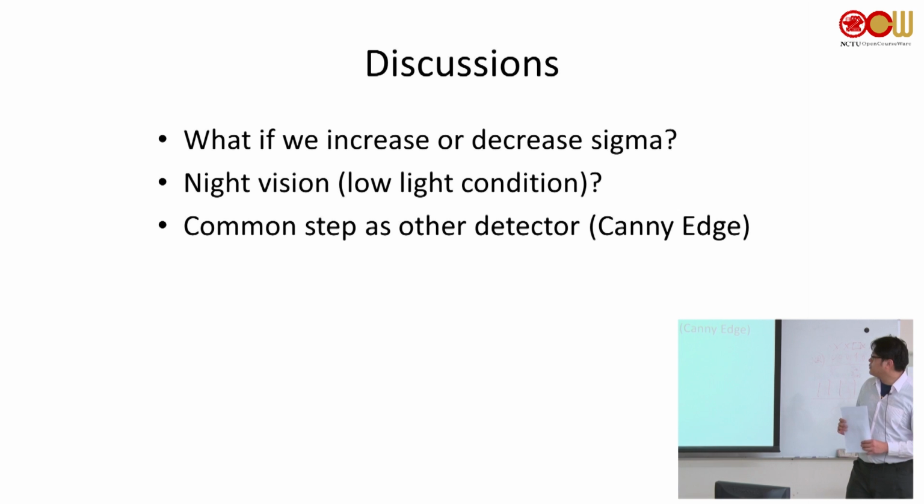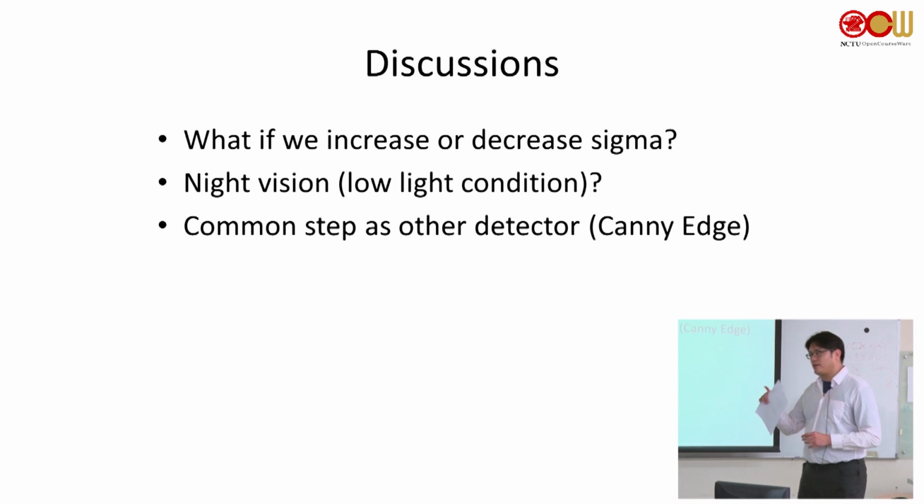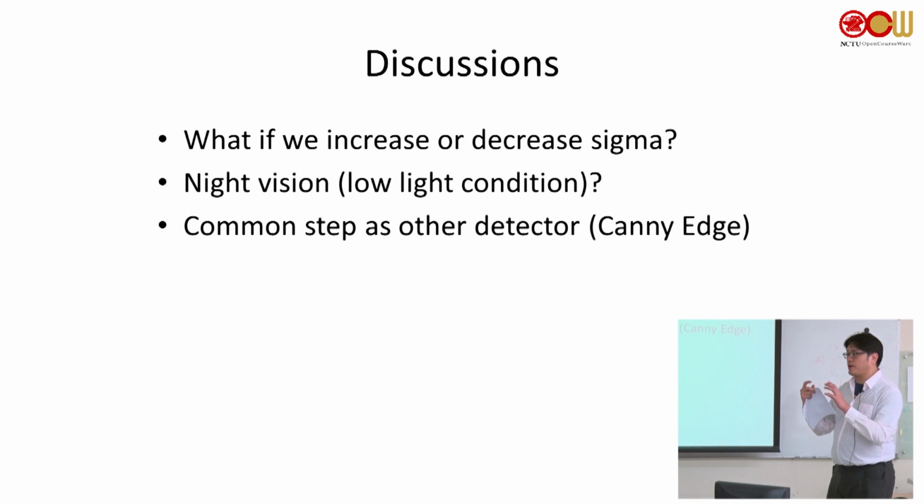How about the second one, night vision? What if there is an AprilTag placed in the dark? What may happen? Well, as I know, usually with a camera, if the light condition is pretty poor, there might be some artifacts. Those artifacts could be removed by the Gaussian smoothing. But a typical case to deal with night vision is that because you still want to find a clear black and white, you want to find the segments, right?